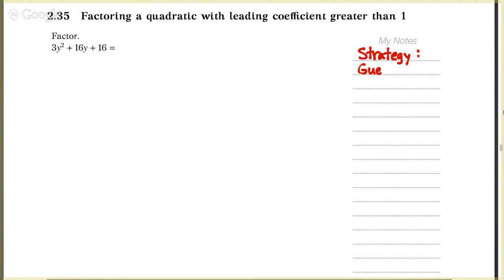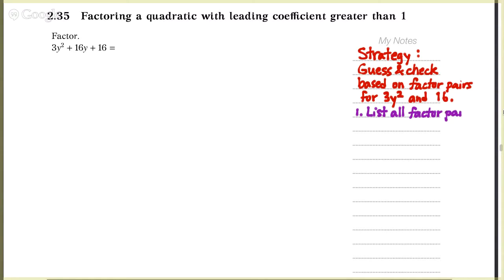So what's going to be our strategy? Fortunately or unfortunately, we're going to have to use a guess and check strategy here. And the way we're going to guess and check is we're going to look at factor pairs for the leading term, 3y squared, as well as for the constant term, the 16. By taking factors from factor pairs of each of those, we should be able to guess and check our way to a factorization that'll work.